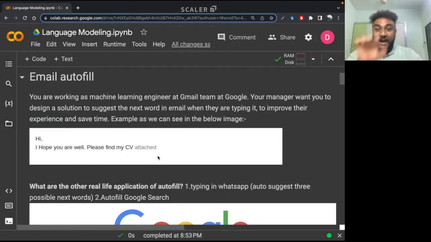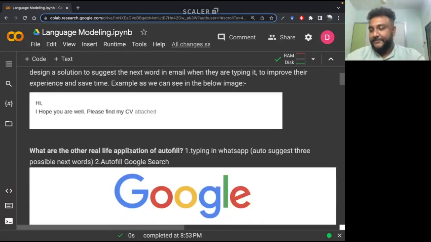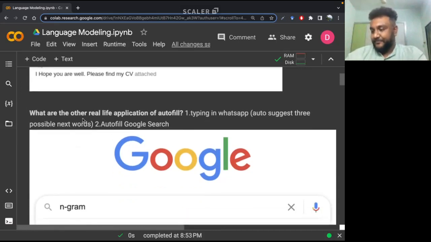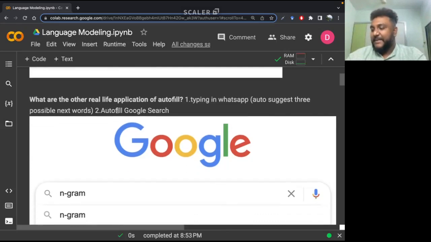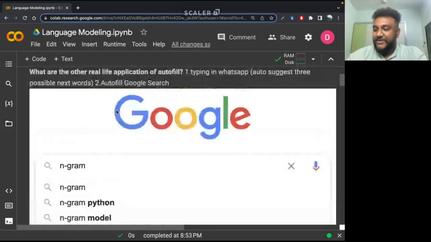You can press tab and it will autofill that. So the problem that we have to solve today is how can we build this product? Given a part of the sentence, what should the next word be? That is what we're going to go ahead with. Now, apart from this autofill, what are the other applications? One application could be suggestion of different prompts.